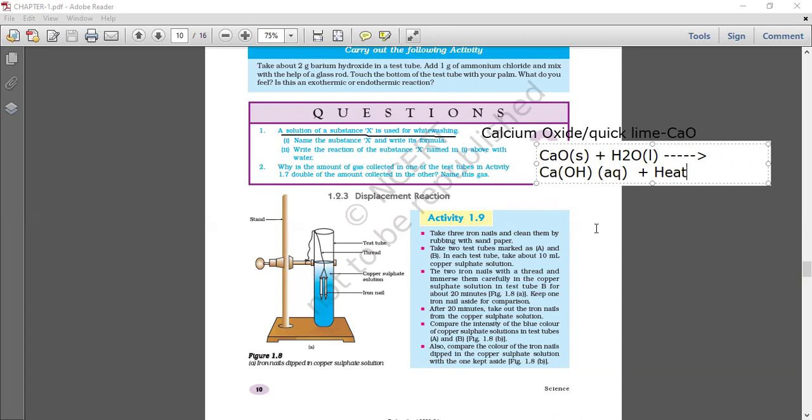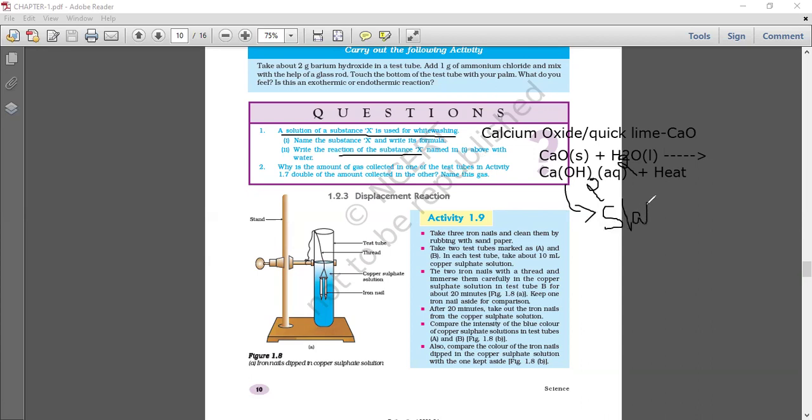So this is an example of exothermic reaction. I'll write two here, under subscript. So name the reaction: CaO plus H2O gives Ca(OH)2. This is called slaked lime. We call it slaked lime, the reaction which we have already studied.